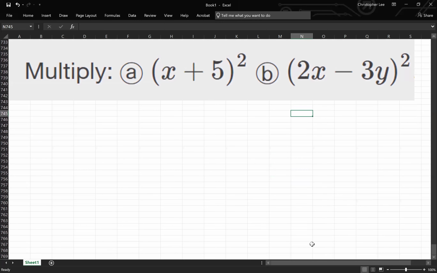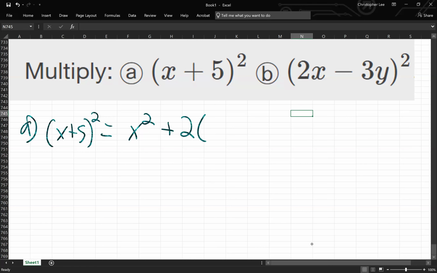So if I had to do x plus 5 squared, which we know is what? We know that that's x plus 5 times x plus 5. Yes, you can use a distributive property. Yes, you can use the vertical method, right? But if you know the pattern, like I do, x plus 5 squared, what is this? The answer is x squared, the first term squared, plus 2 times, what's the first term?